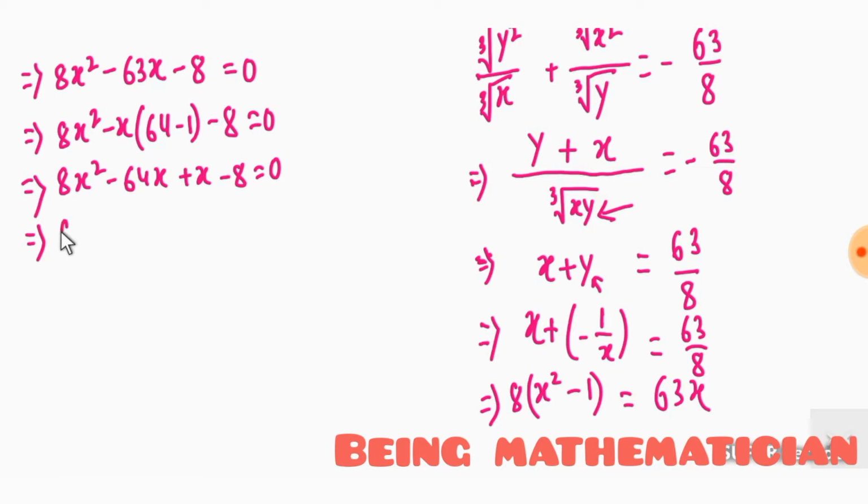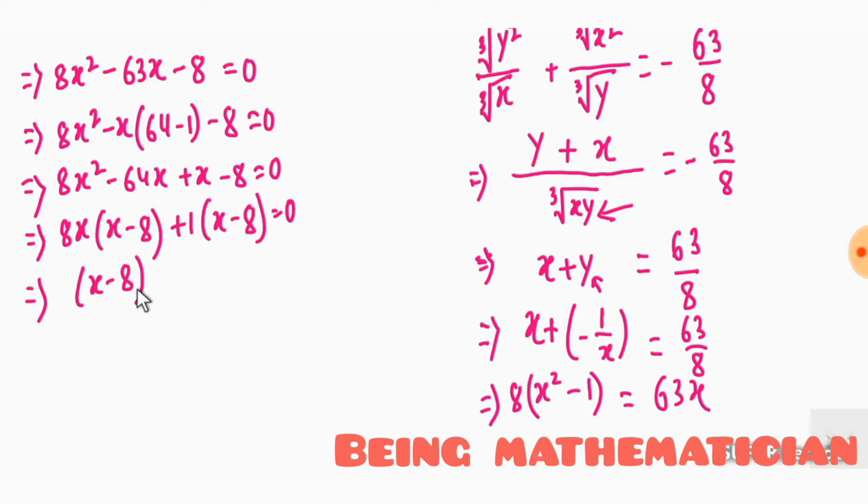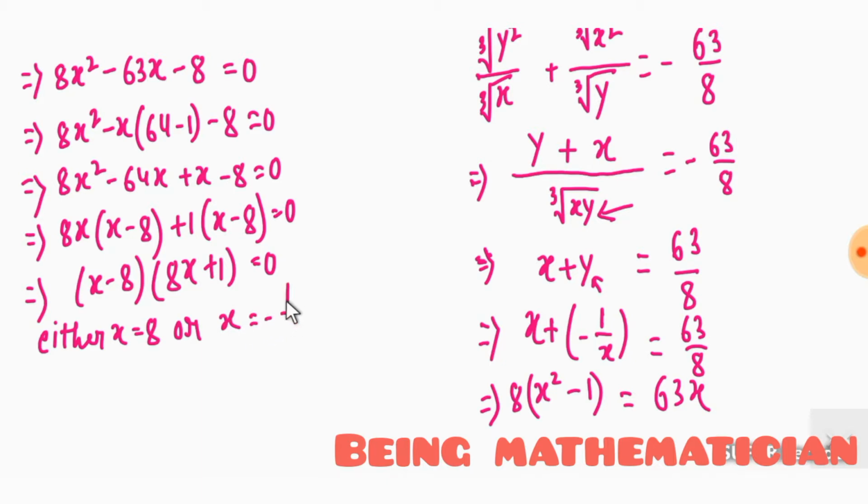So we take common 8x from here, that is (x minus 8), and plus 1 from here, (x minus 8) equal to 0. So (x minus 8) into (8x plus 1) is equal to 0. Therefore, either x equal to 8 or x equal to minus 1 by 8.